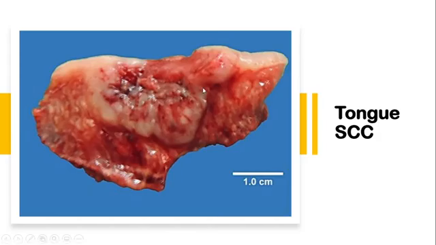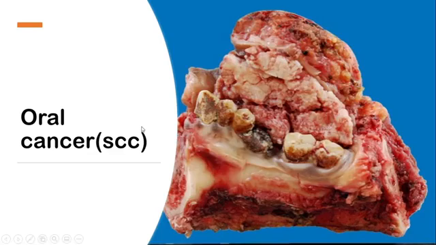Another picture shows squamous cell carcinoma of the tongue. Here, an ill-defined large mass in the lateral border of the tongue, showing central necrosis and bleeding, and a fixed margin or base related to invasion of the underlying muscle and even the underlying bone, the mandible.